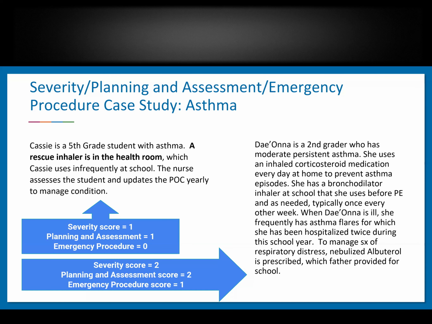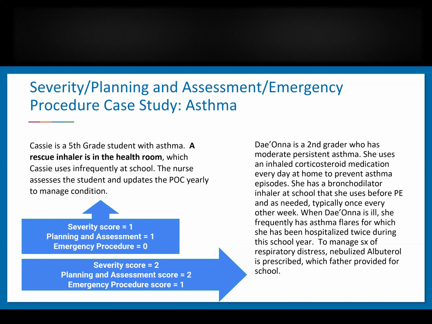To manage symptoms of respiratory distress, nebulized albuterol is prescribed, for which the father has provided a nebulizer and medication for school. The severity score is a 2, the planning and assessment score is a 2, and the emergency procedure score is a 1. Note that the nebulizer here is being captured because it is used as an emergency medication for respiratory distress, not for the management of routine asthma symptoms.